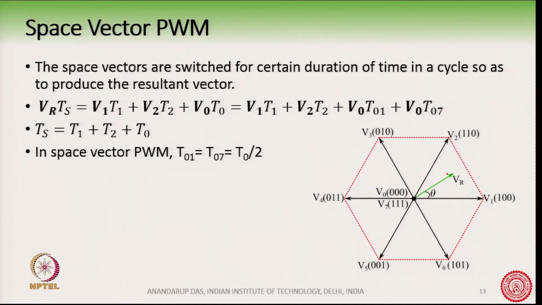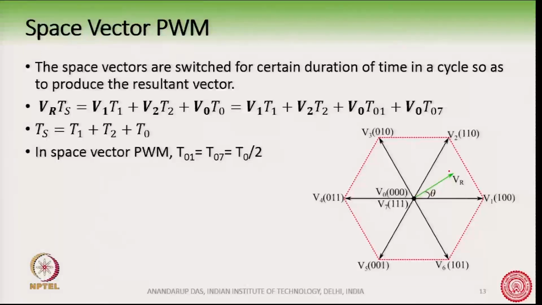This total switching interval or switching period is Ts, and the resultant space vector is Vr, which is applied for this time Ts. Now, during the time Ts, in order to produce this resultant vector, we are switching the 3 nearest vectors which are enclosing this resultant vector.